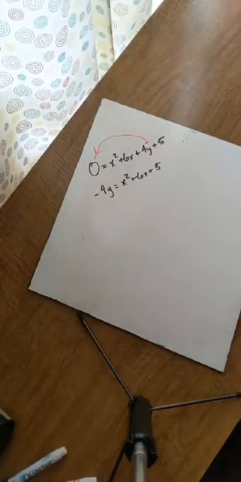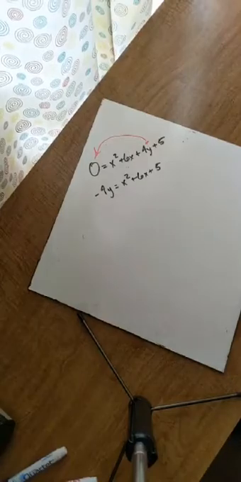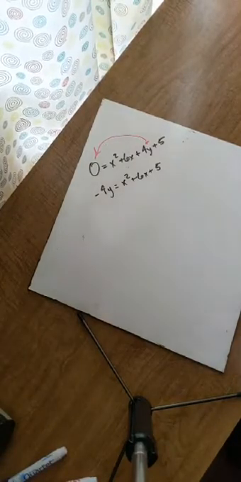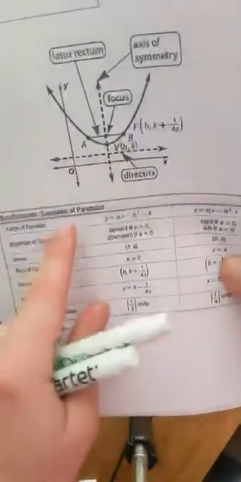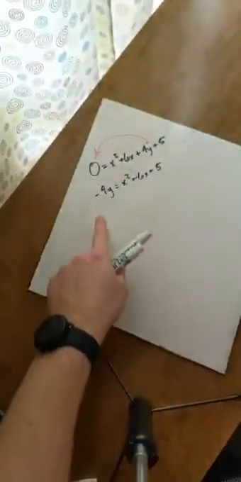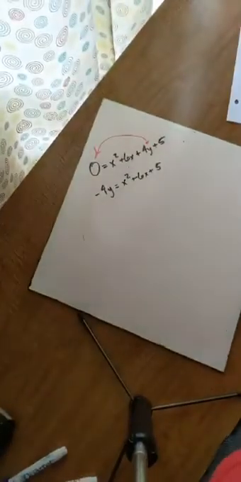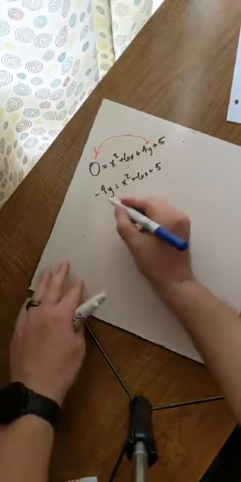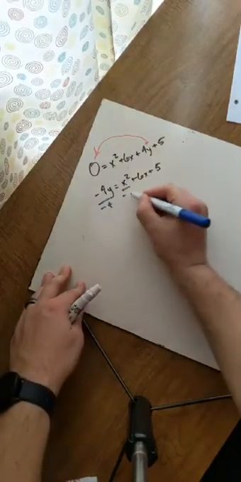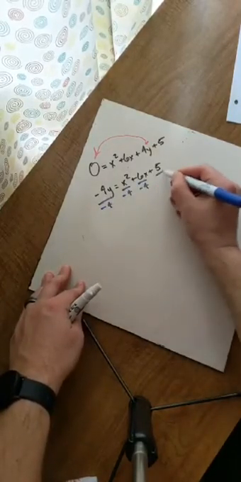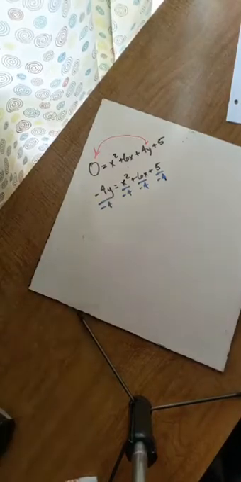Remember, our equation always has y by itself. So if we look back at here, it's always y by itself. Not a negative 4y, but a y. So we need to divide everything by negative 4. So I'm going to divide this by negative 4, that by negative 4, that by negative 4, that by negative 4. We can use decimals if we want, or we can use fractions.